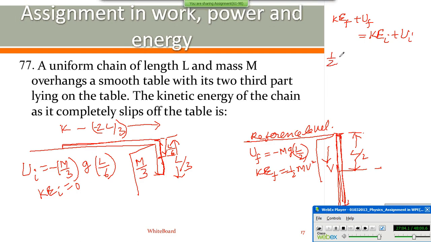The final kinetic energy is half mv square. The final potential energy is minus mgL by 2. The initial kinetic energy is 0. The initial potential energy is minus mgL by 3 into 6, that is, 18. So half mv square can be found from this.